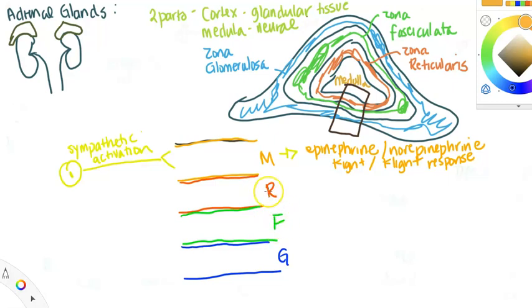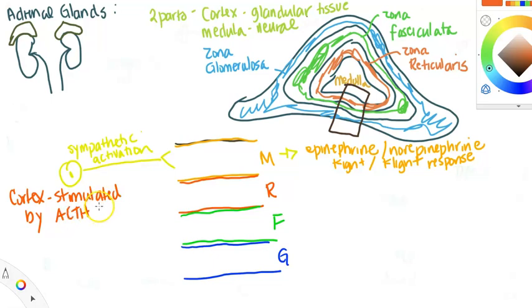So the cortex part, which is the glomerulosa, the fasciculata, and the reticularis, do some different things. So the cortex is stimulated by ACTH.